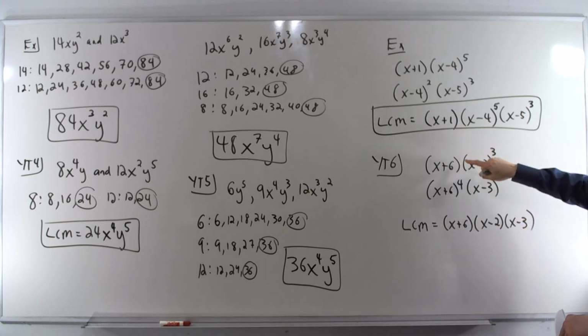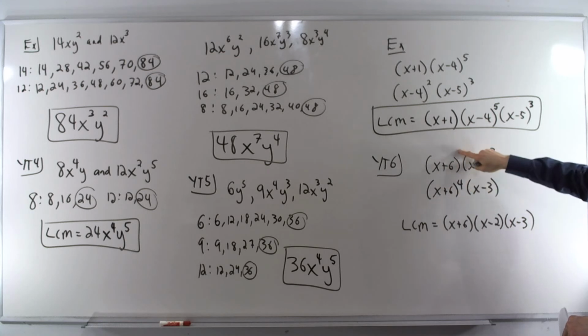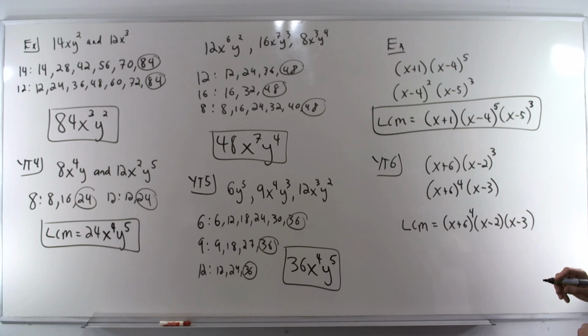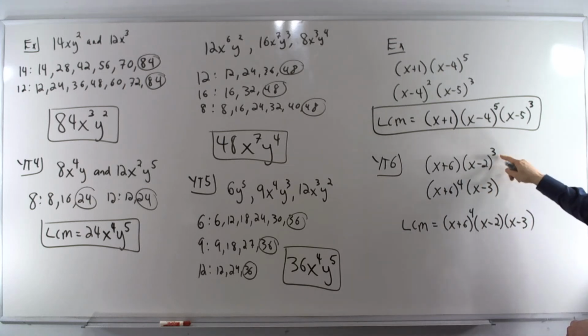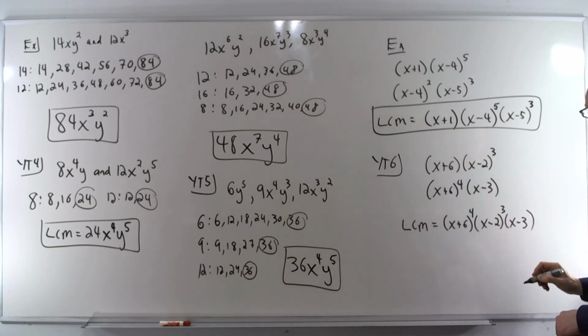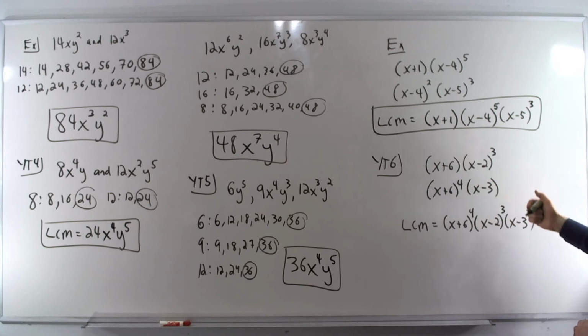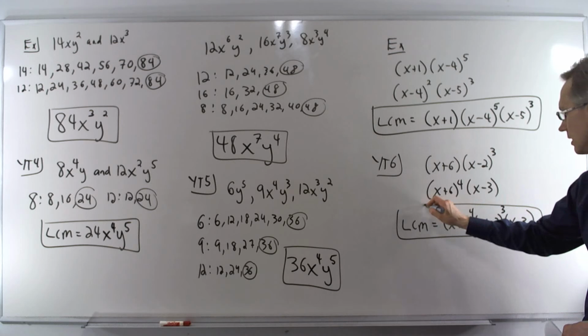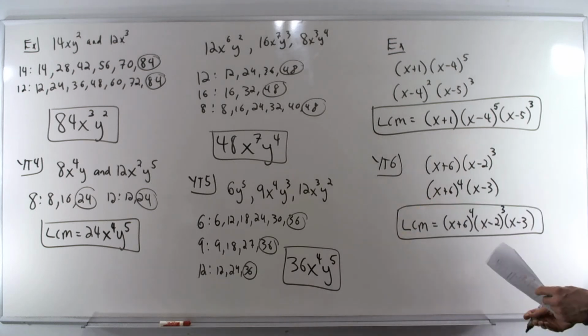Now look at the x plus 6. We got the first power and fourth power, so 4 is larger, so we'll take that as the exponent. X minus 2, that's the only one we have, and that's to the third power. So we'll keep that. And x minus 3, that's the only one, and that's the first power. So there's the LCM. X plus 6 to the fourth, x minus 2 to the third, x minus 3.